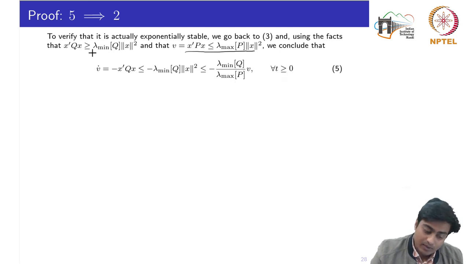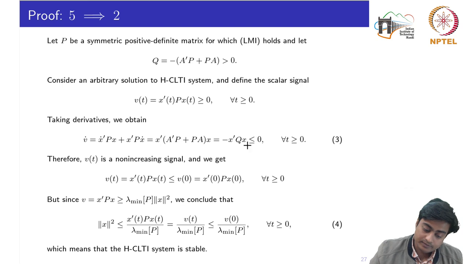I just applied this relationship to the relationship 3, that V dot is less than or equal to 0.